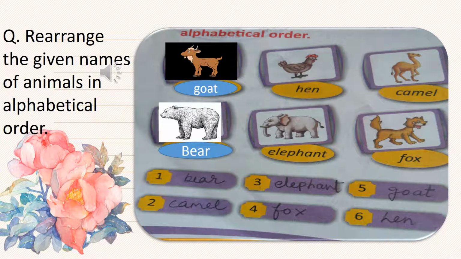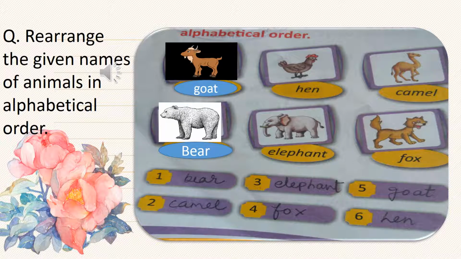This is our next exercise. This exercise is based on alphabetical order. What I told you, kids? In every language there is a particular pattern which is followed for writing the letters. Every language has a pattern that we have to follow. So what is the pattern? The pattern is like after 1 comes 2, after 2 comes 3, and after 3 comes 4.